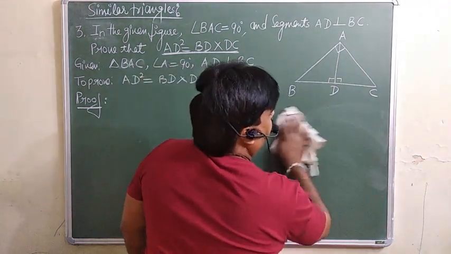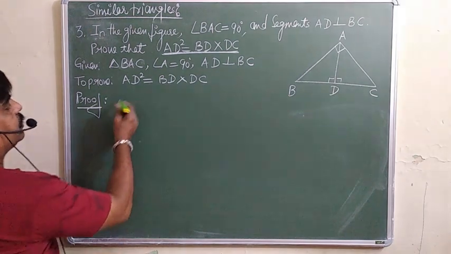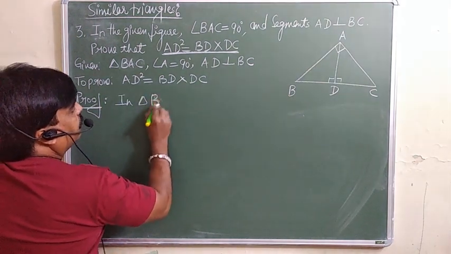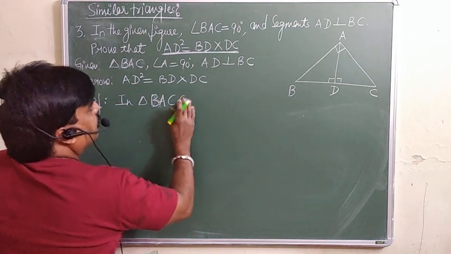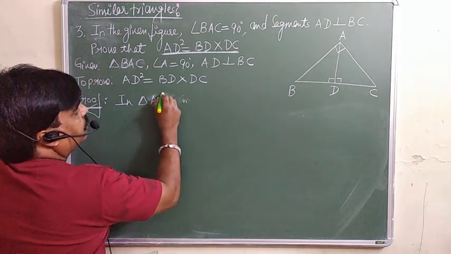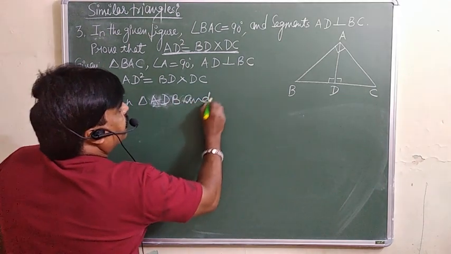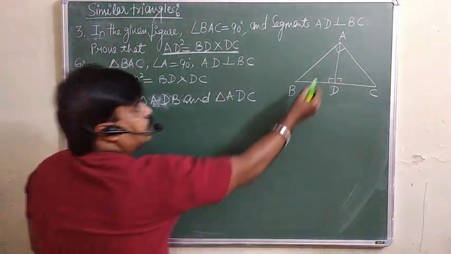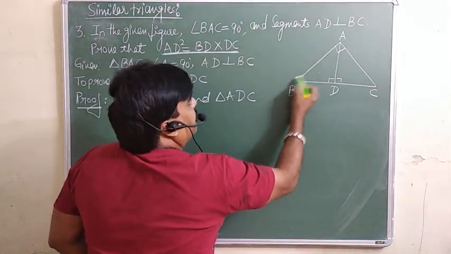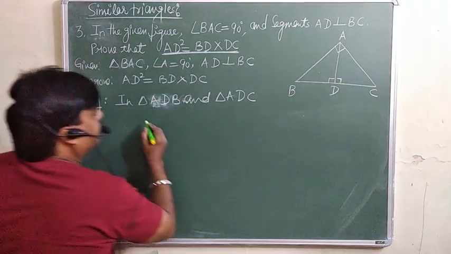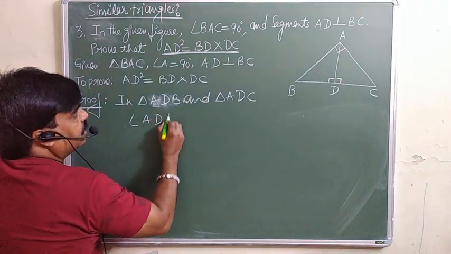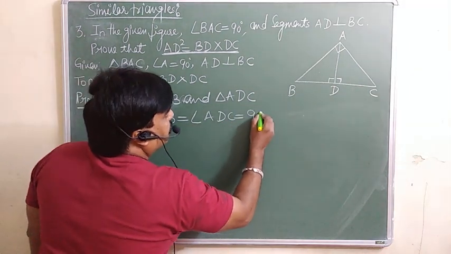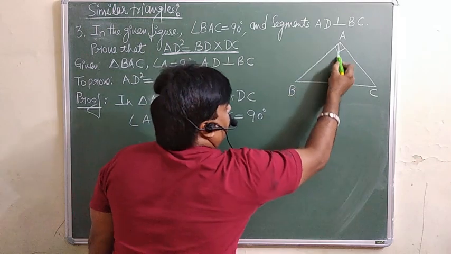So look at here now. In triangle ADB and triangle ADC, just in these two triangles we are taking. Angle ADB is equal to angle ADC, already given 90, because this is perpendicular.